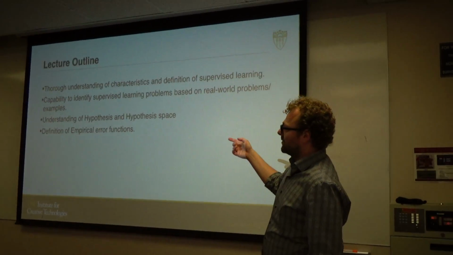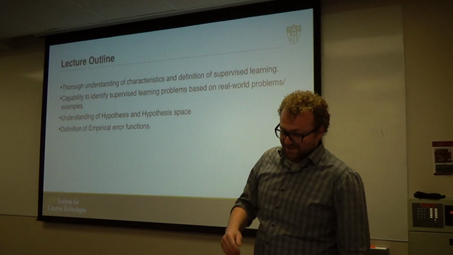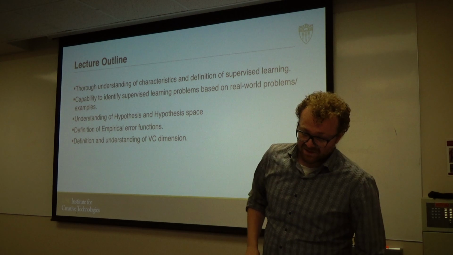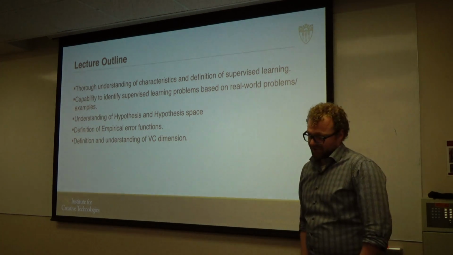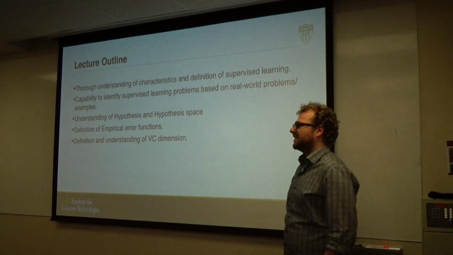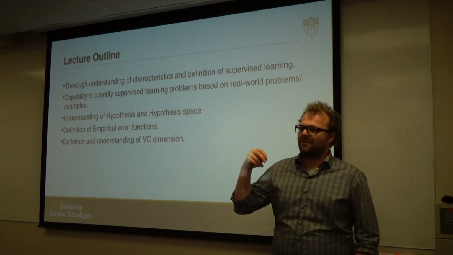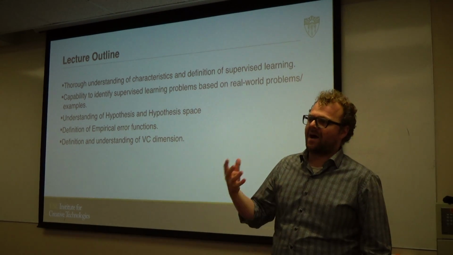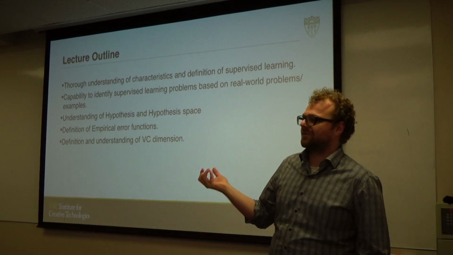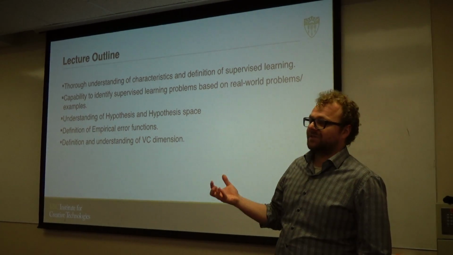We talk about what an empirical error is, or what an example for an error is. We're talking about the VC dimension, also the Vapnik-Chervonenkis dimension. It's an idea of a measure for assessing how powerful or how expressive a machine learning algorithm is.